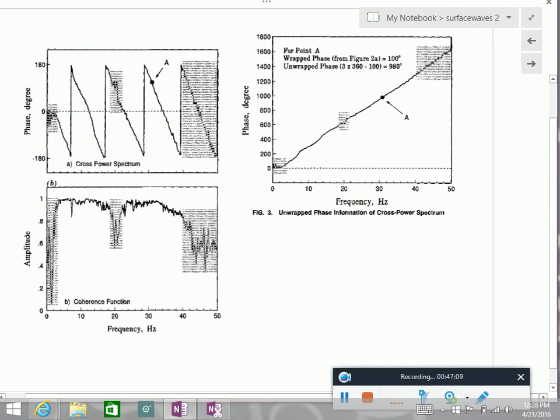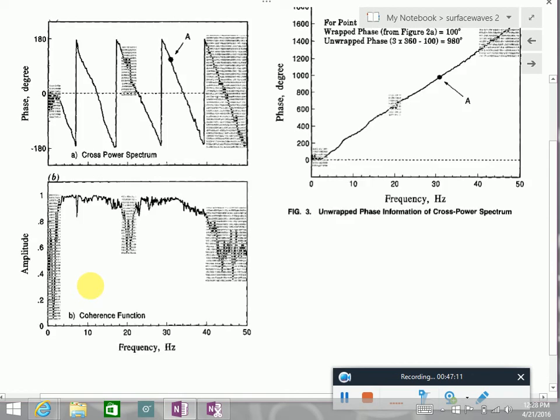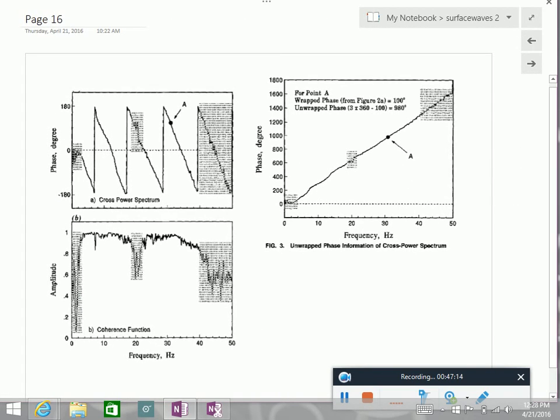Now, in practice, there are a few things that you have to be careful about. For example, what you have seen in homework number 1: when you get the phase shift from the cross-power spectrum, it will be wrapped like that, so you have to unwrap it.